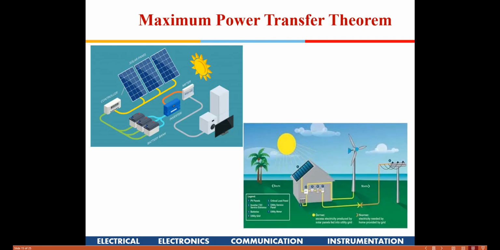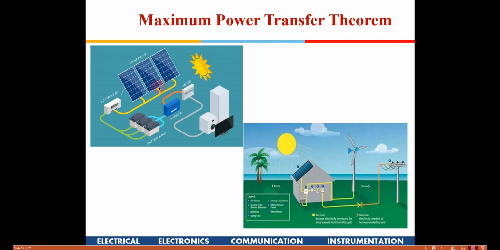Okay. Now the next theorem, again a pretty important theorem for practical applications, is known as the maximum power transfer theorem. In real life situations, energy could be transferred from one module to other, moving through several modules before it finally reaches the load.